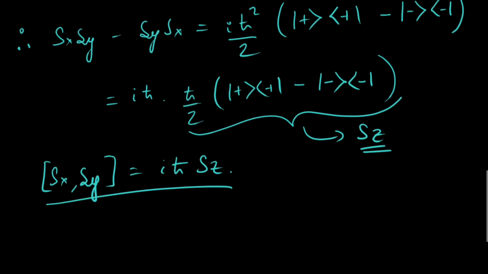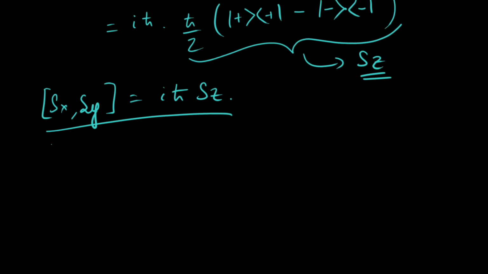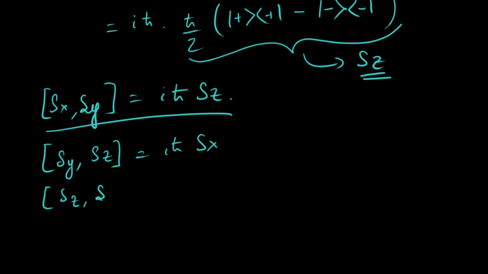You can use the orthonormality condition and similarly prove it for Sy comma Sz, which would be equal to i h bar Sx, and Sz comma Sx, which would be i h bar Sy.